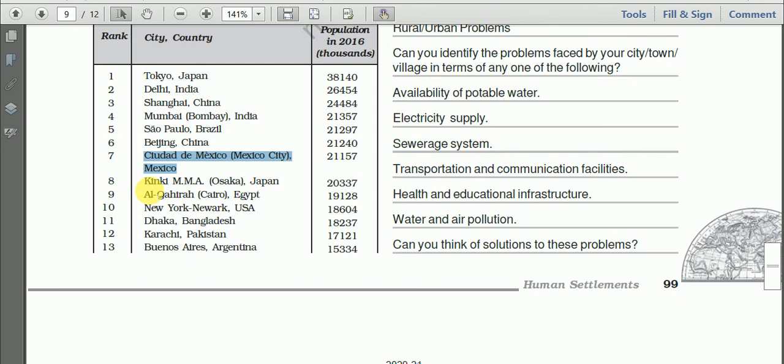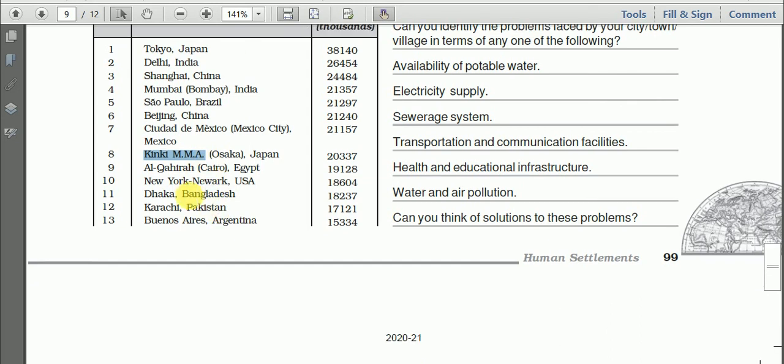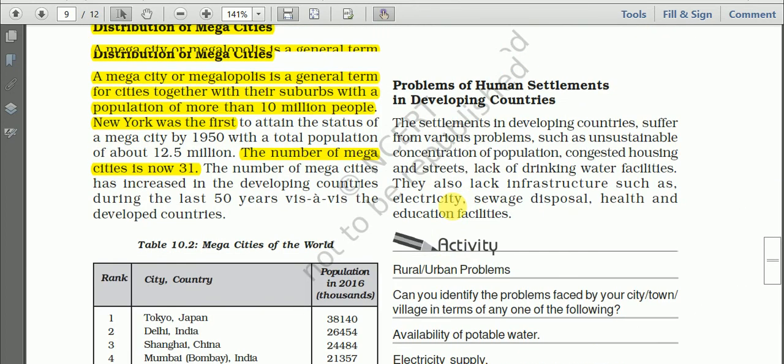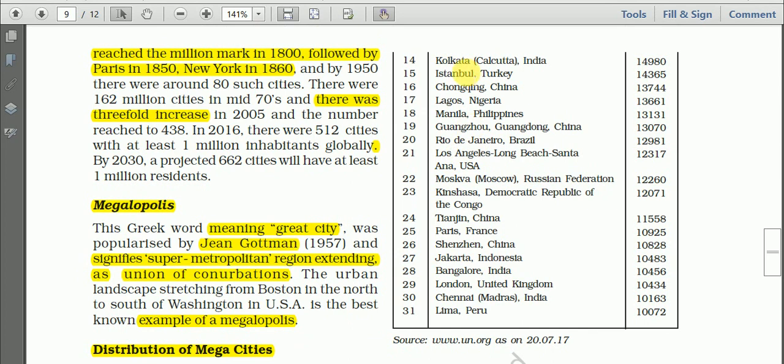Then Osaka, now known as Kinki MMA. Then Cairo in Egypt, the new name is Al Kahira. Then New York in USA, Newark. Dhaka in Bangladesh. Karachi in Pakistan. Buenos Aires in Argentina. This is in order of the size of population.